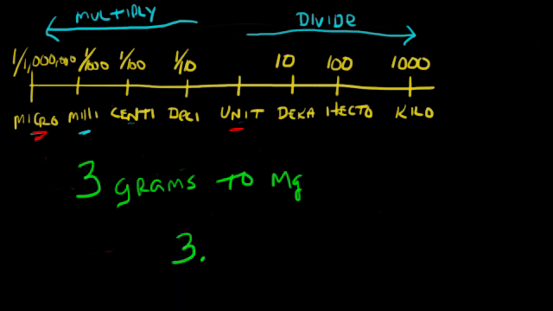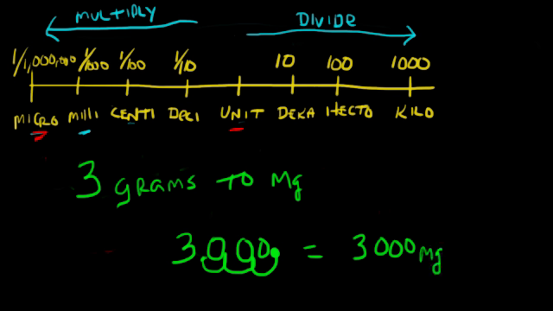We understand that our decimal point is right there. So going from grams to milligrams is just like the last problem. We're going to move the decimal point 3 places to the right, because we are multiplying. We're going to a smaller prefix. So 1, 2, 3. Our decimal point goes there. We add zeros there. And so our 3 grams is equal to 3,000 milligrams.